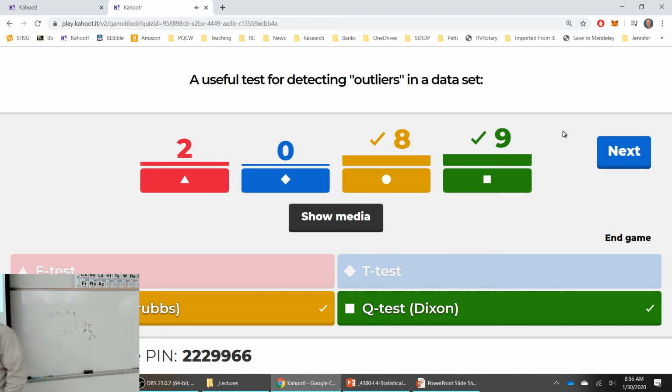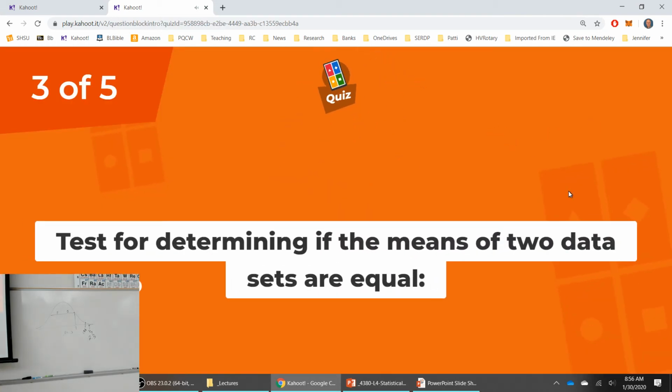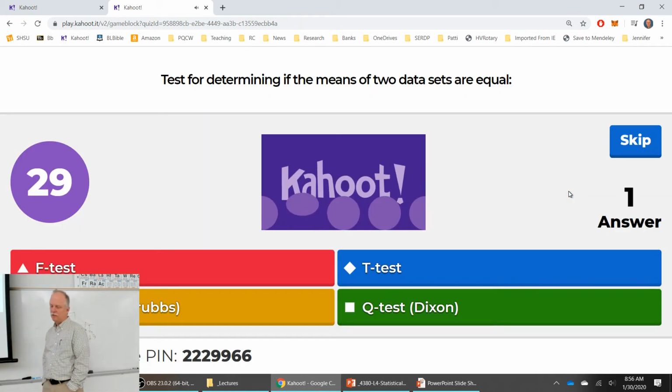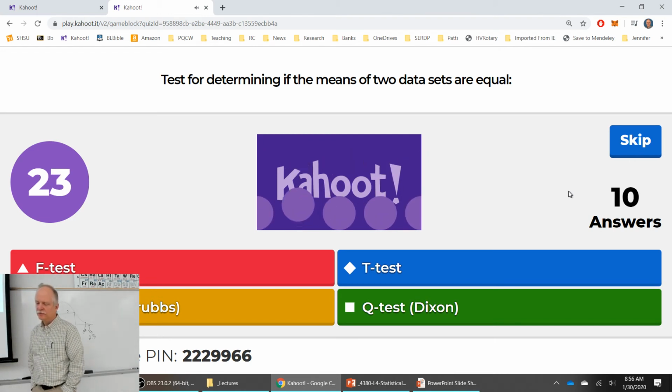Good. Remember, the F test is for equal variances. Okay, so determining if the 2 means of the 2 sets are equal, which one would you use?